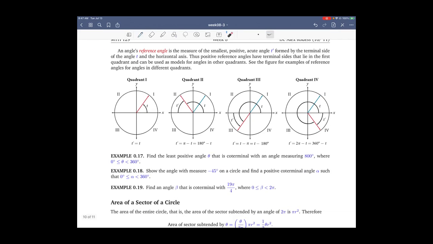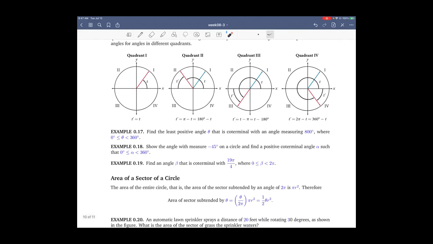So in this example, for instance, all we need to do is divide 800 by 360 with remainder.